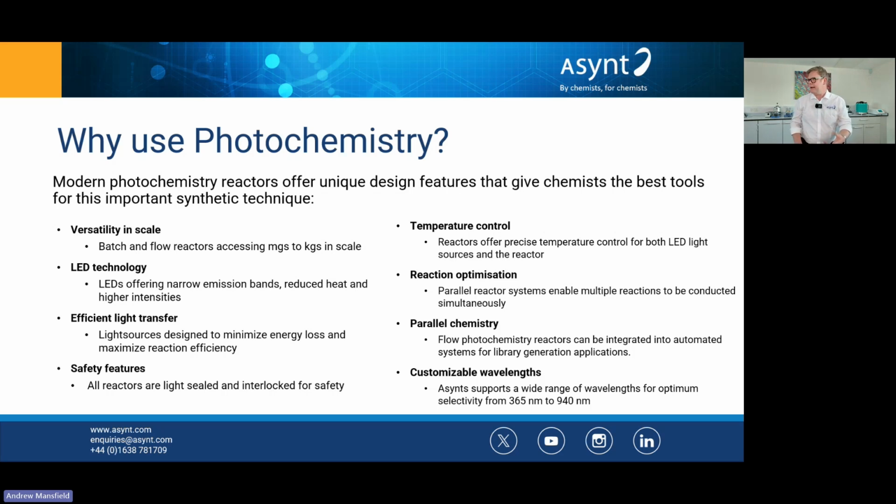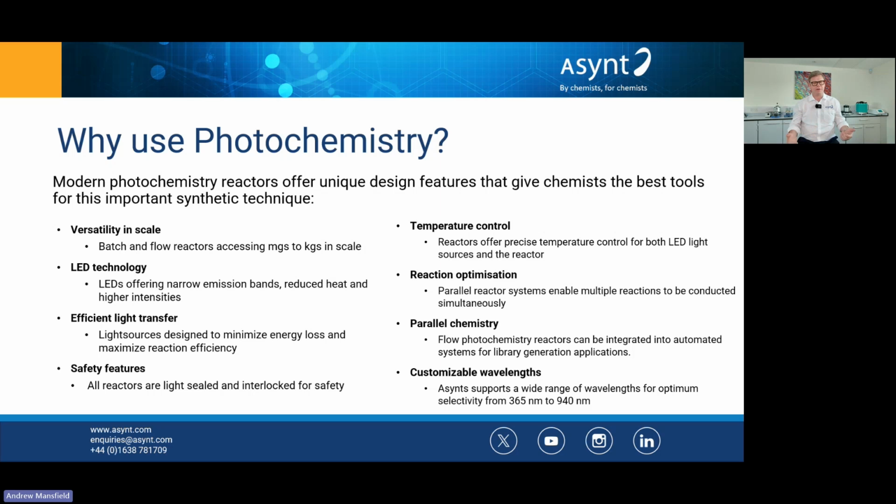The increase of using LEDs as light sources has enabled us to have very narrow emission bands for better selectivity, also reducing heat, which is key for controlling our reaction temperatures. We have efficient light transfer, so we have light sources that are designed to focus photons specifically into our reactors to increase efficiency.